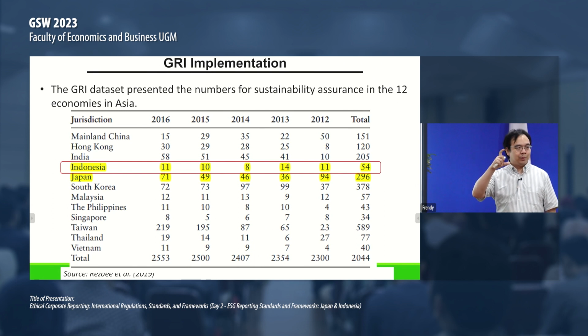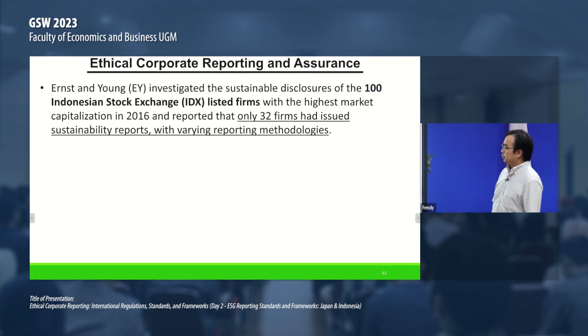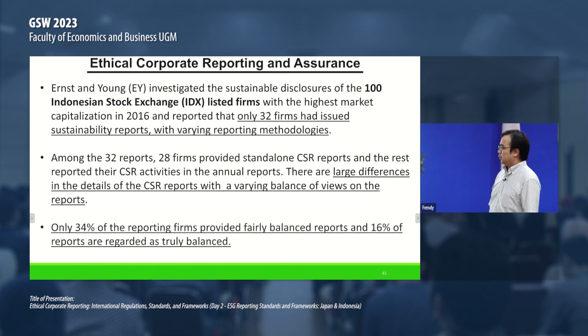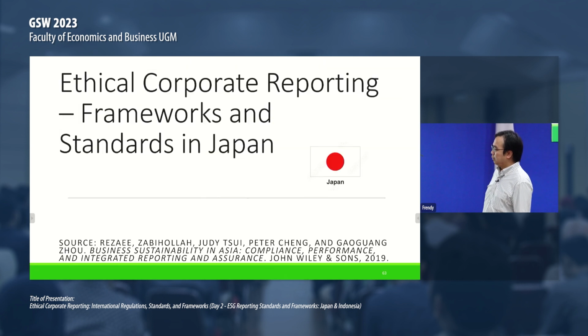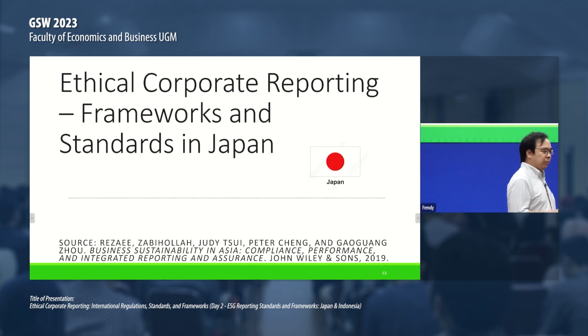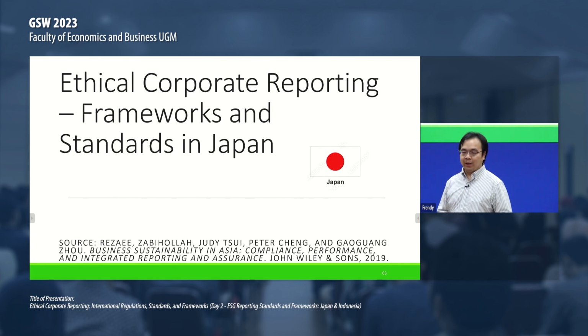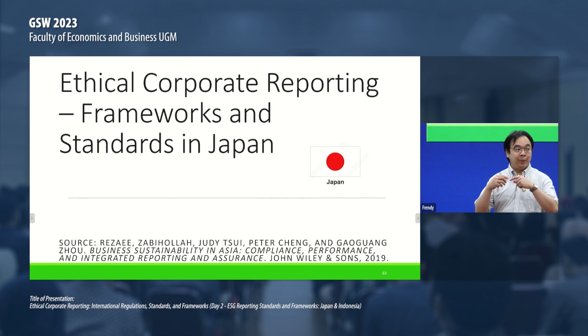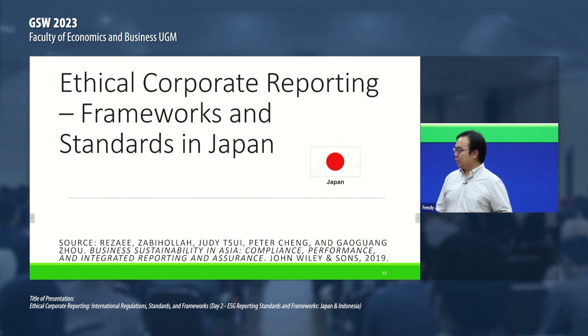So there's still a big gap between these two numbers, okay? This is the main challenge that I believe defines the state of the current implementation of sustainability frameworks in developing countries: the big gap between the standards themselves and the assurance.